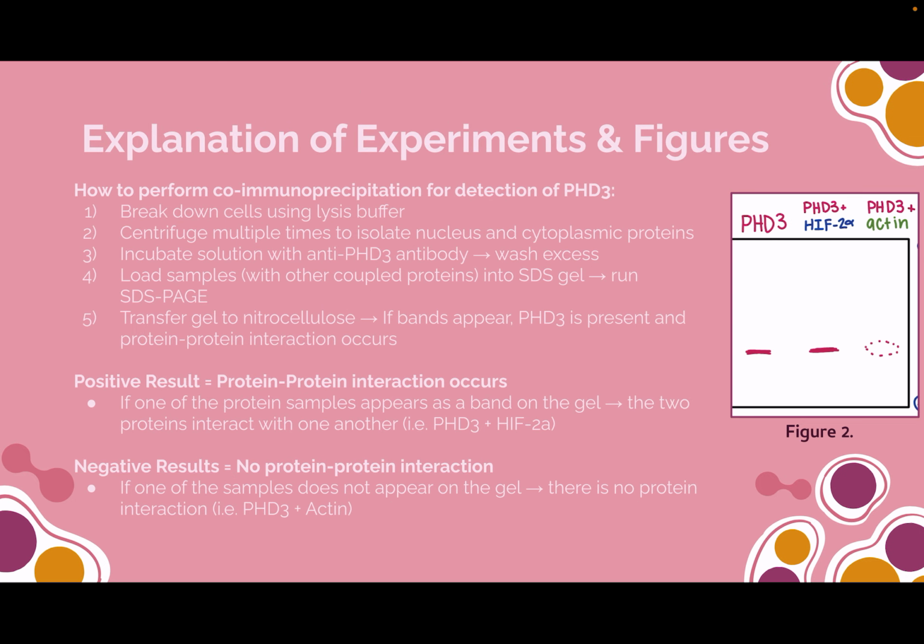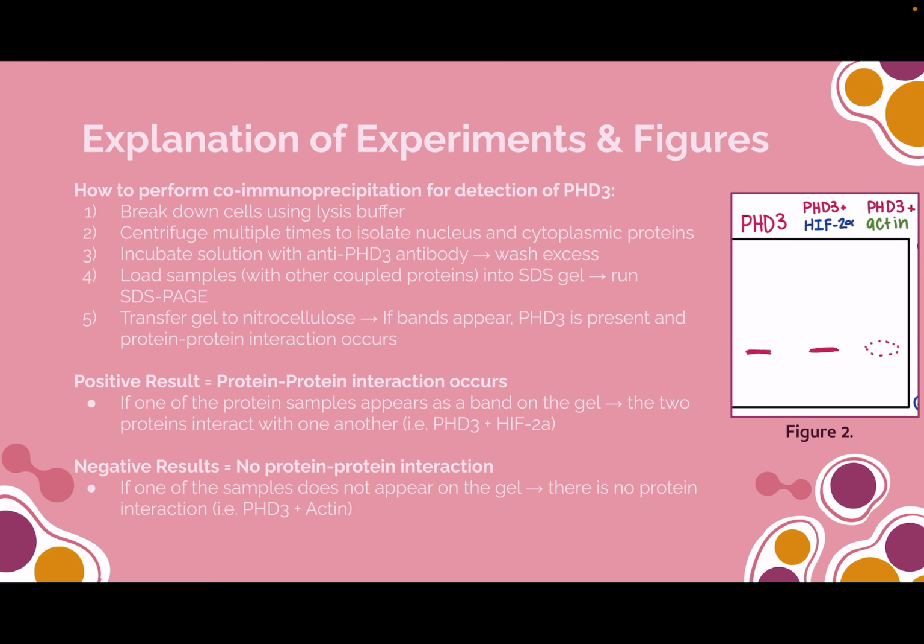To perform the co-immunoprecipitation blot for detection of PHD3, we broke down the cells using lysis buffer. We centrifuged the sample. We incubated the solution, then loaded the samples into an SDS gel to run SDS-PAGE. After that, we would transfer the gel and observe the bands' presence.